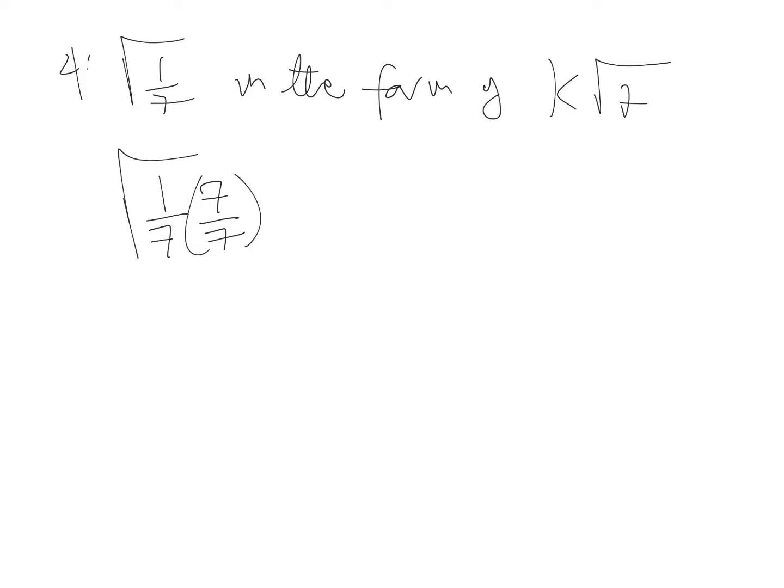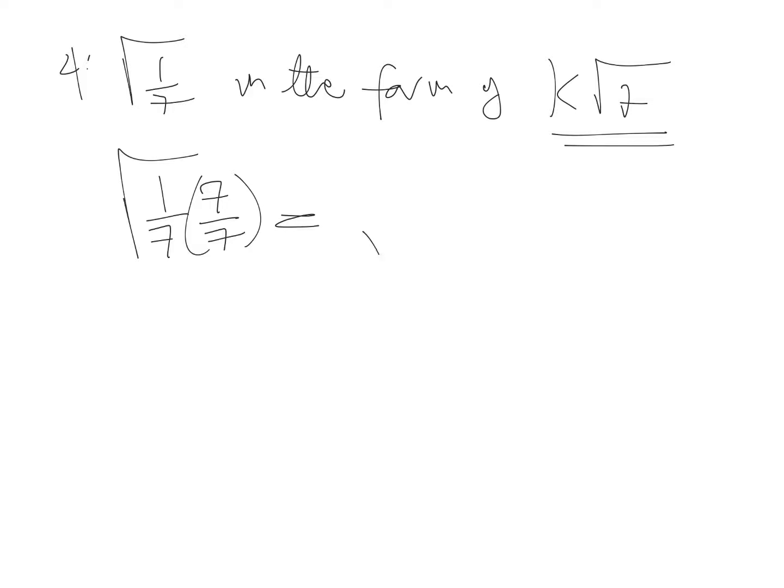So that in the denominator I'll have a square, 7 squared, and I could remove the 7 squared outside of the square root bracket. And then in the numerator I will have 7 on top. That will give me the opportunity to express the value as k times root 7.